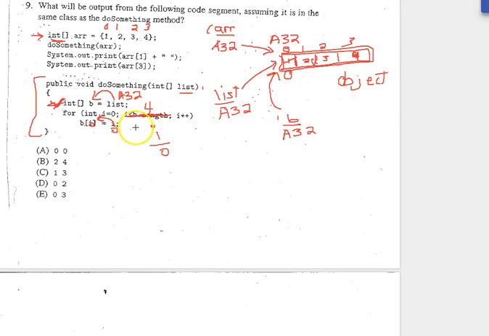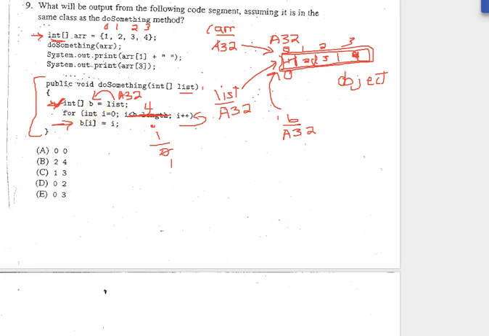And now we loop back up to the top of the loop, and I++, and 1 is less than 4, so we go through the loop again. And at this time, I have to be careful with my scratch work.